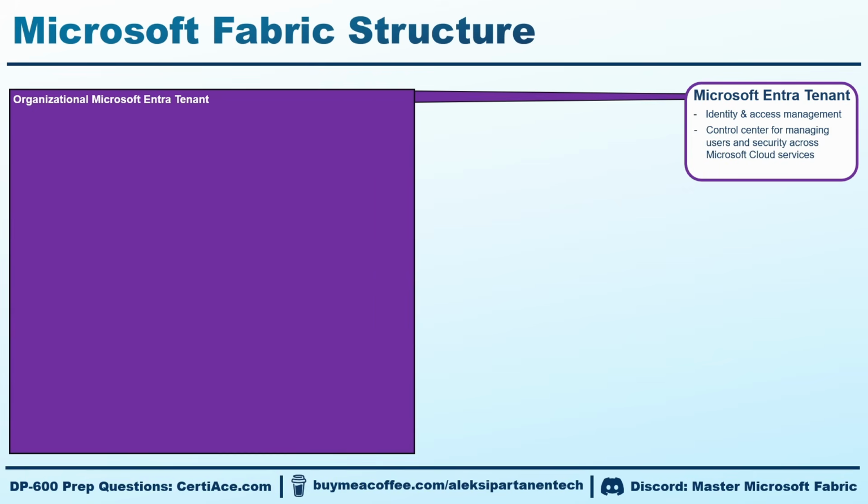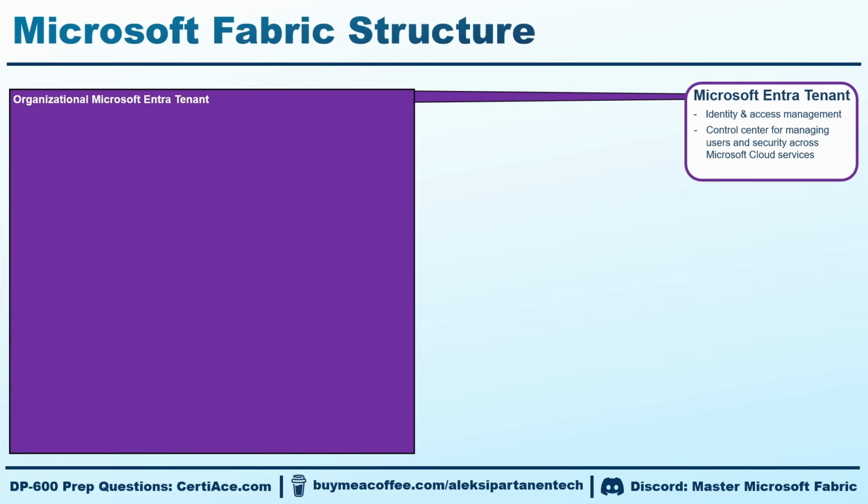You could say that the tenant is like a backbone for all of your Microsoft services. So very briefly summarizing, a tenant is a control center for managing users and security across Microsoft Cloud services. There is also a possibility that organizations could have multiple tenants, but let's not complicate this example with those. For now, it is good to know that that is just possible.